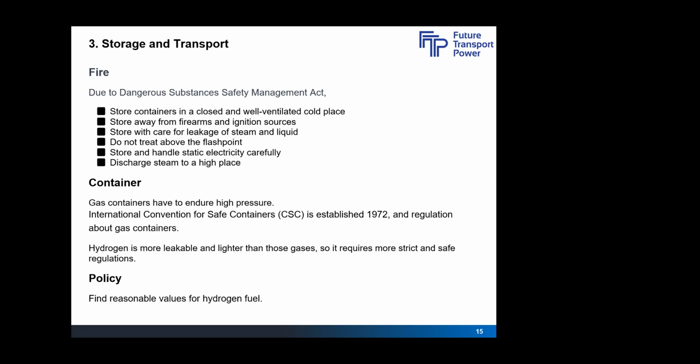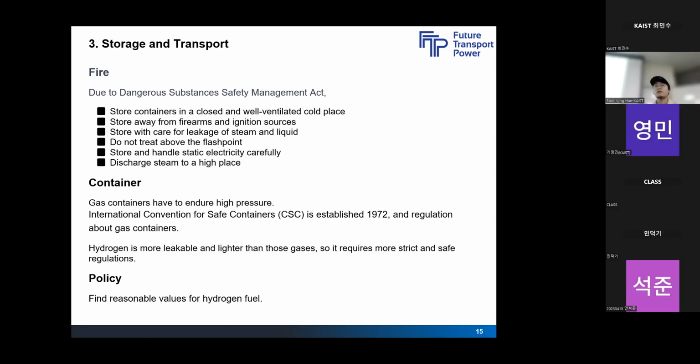So it should not be close to fire, due to the Dangerous Substance Safety Management Act. It states that it should be stored in an enclosed, well-ventilated, cold place. The reason it needs to be cold is because hydrogen is vaporized, basically air. We need to compress it into a cold state in order to liquefy it.